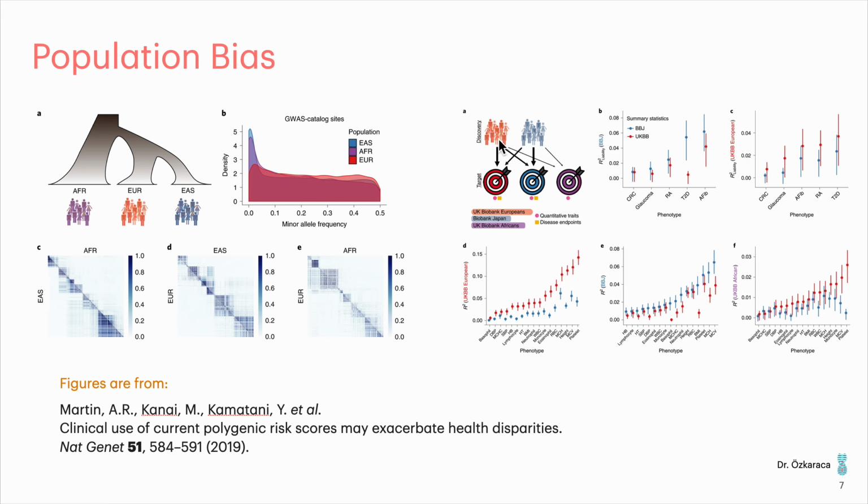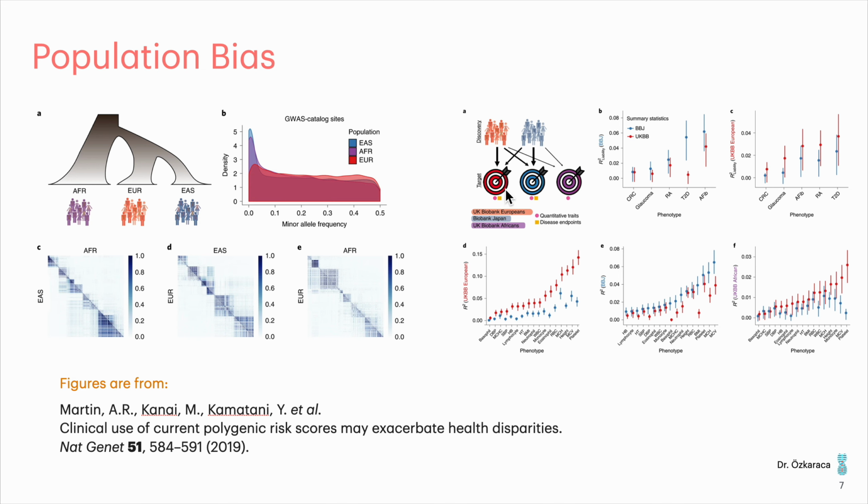One is they calculated their polygenic risk scores by taking GWAS results from European individuals as their discovery cohort, and they also calculated polygenic risk score by taking East Asian individuals' GWAS results as their discovery cohort. So this defines two different polygenic risk scores for European individuals.